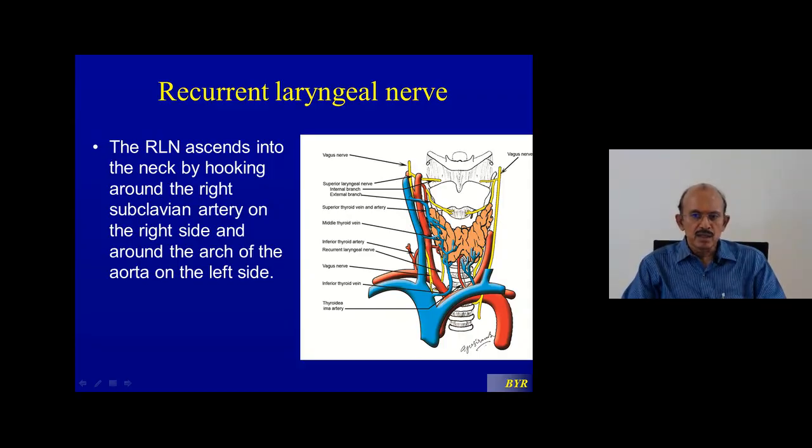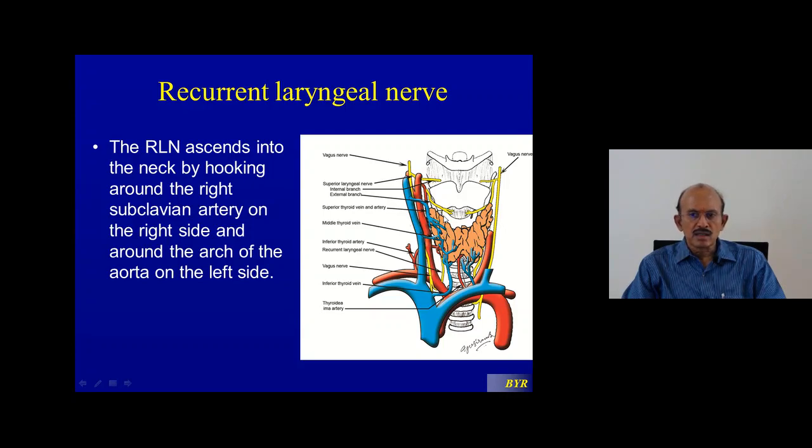This branch curls around the subclavian artery and then goes by the side of the trachea. Then it passes in the tracheo-esophageal groove and ascends upwards. And it lies behind the thyroid gland.